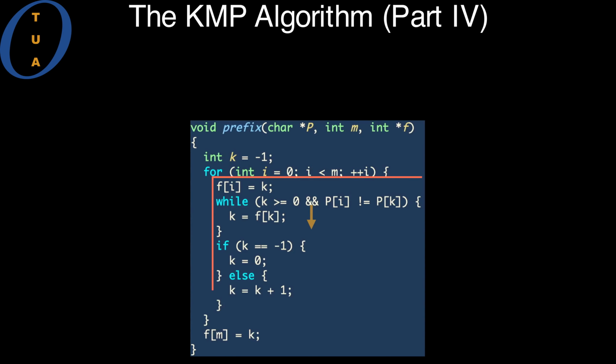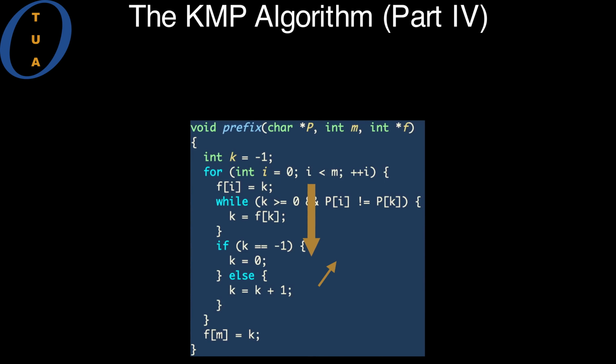Let us now concentrate on the body of the for loop. The variable k initially stores the length of the current longest proper border. It then potentially decreases due to some iterations of the while loop. In the conditional statement, the value of the variable k increases by 1 unit, as explained earlier, which we denote by an arrow pointing northeast called an up arrow.